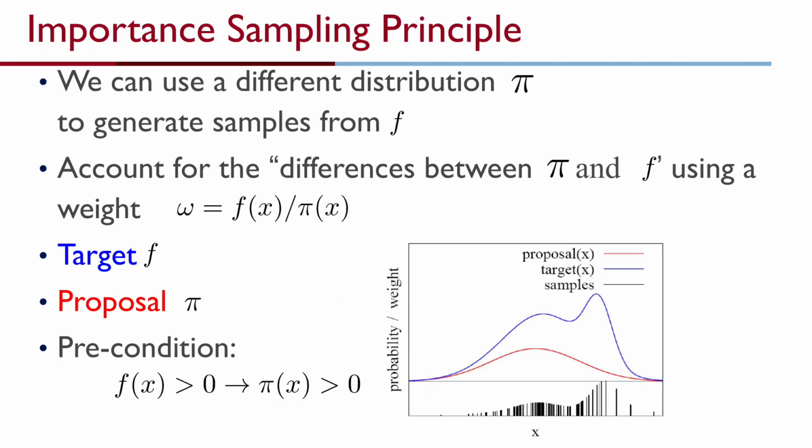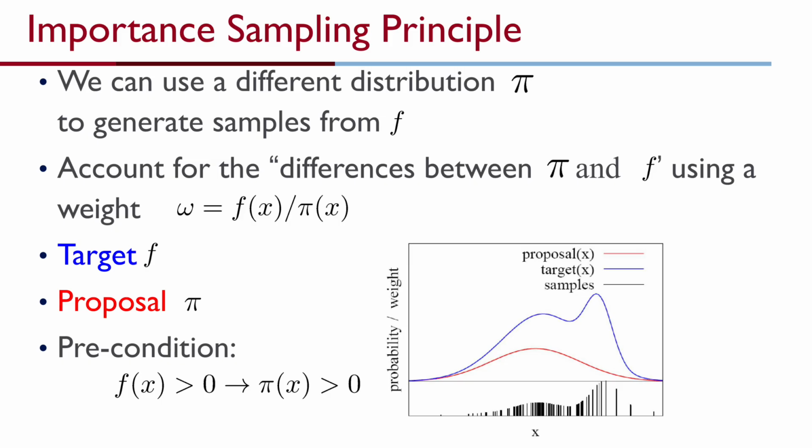One powerful technique is called the importance sampling principle. Suppose we have a target distribution shown in blue, from which we want to sample. But we cannot sample from it directly. Instead, we choose another distribution, called the proposal distribution, shown in red. We generate samples from this proposal distribution.